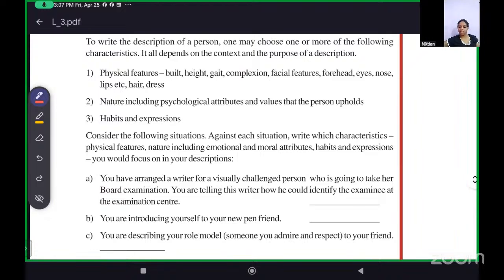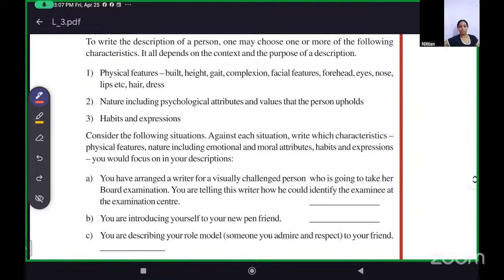Then the next one is you are introducing yourself to your new pen friend. When we are introducing, we talk a little bit about ourselves, like our qualities, hobbies mainly, what is our area of interest, what are we studying, what are we doing.